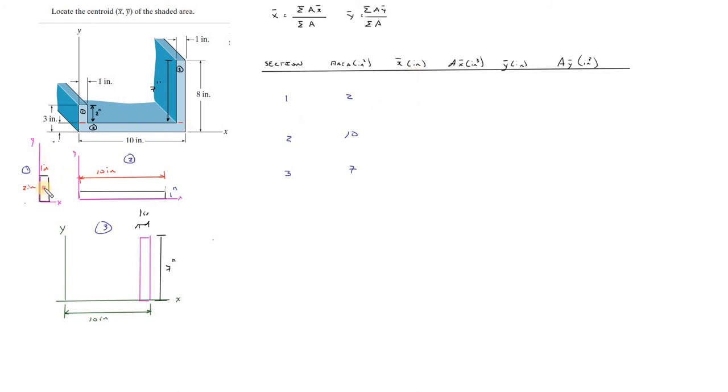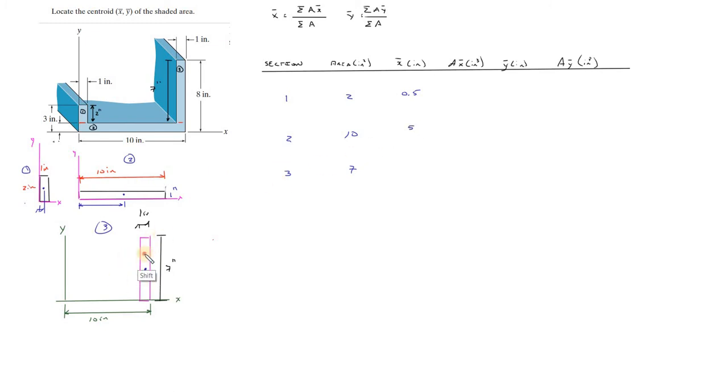So my x bar: if I put the centroid in each one of these sections, you can see that it's going to be half an inch to this rectangle. This one is also easy. Section 2, we're going from the y-axis, which would be 10 divided by 2, which would be 5 inches.